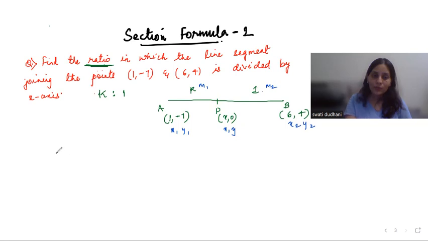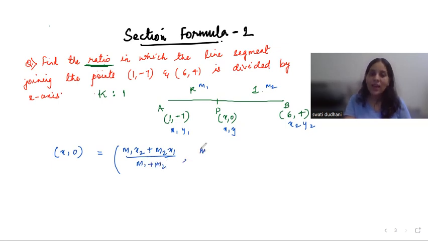So now the point x comma 0 is equal to, let me write the formula, m1 x2 plus m2 x1 by the sum of the ratios. This is for the x coordinate, and m1 y2 plus m2 y1 by the sum of the ratios again.